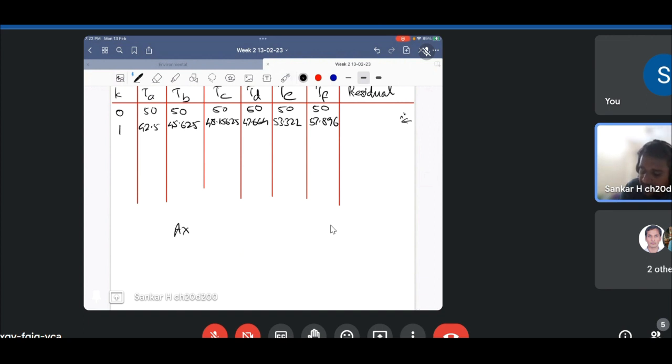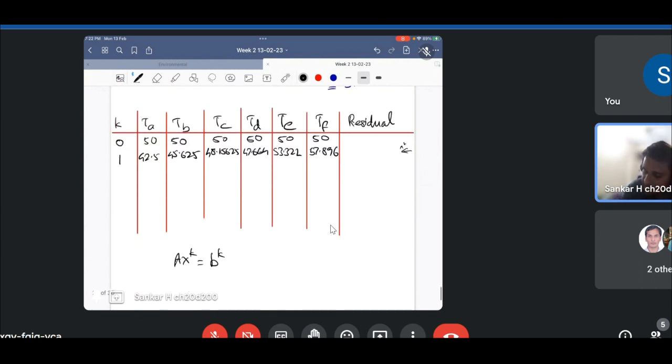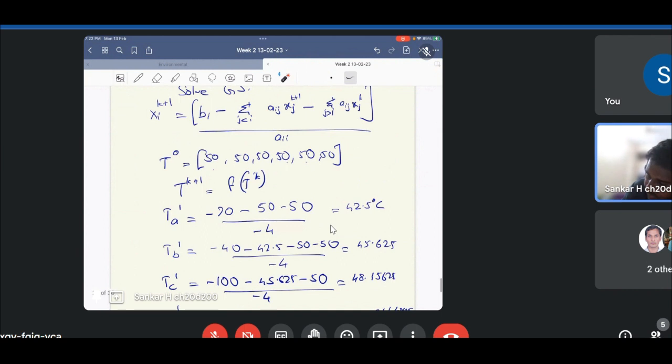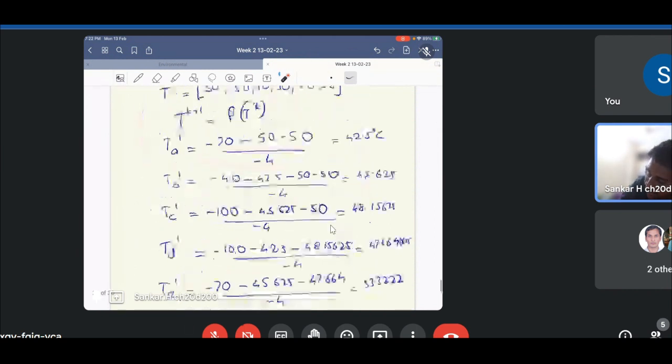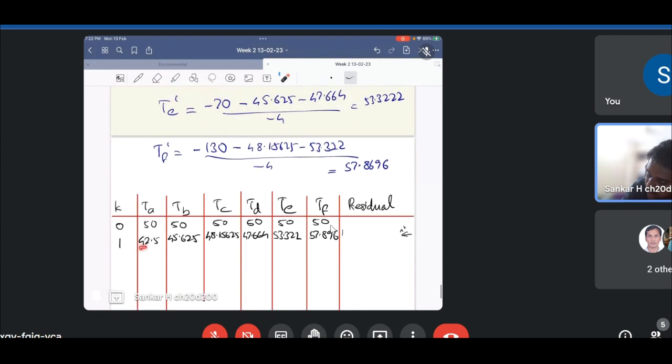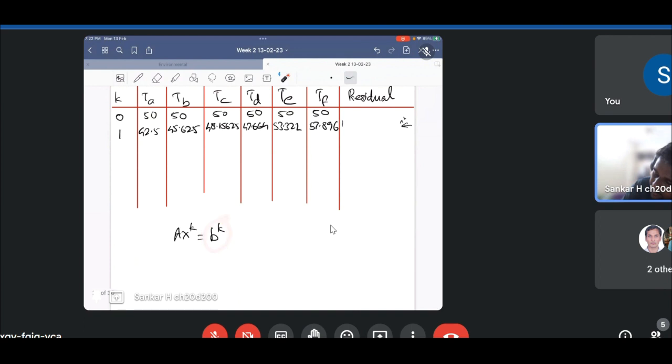We multiply the A matrix that we have with the variable matrix that we found out in the iteration, and we find bk.